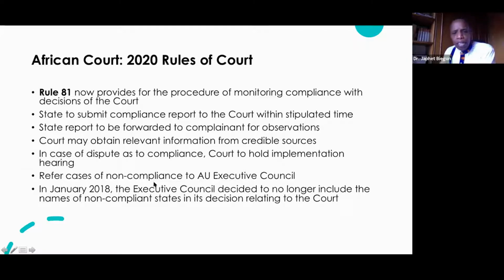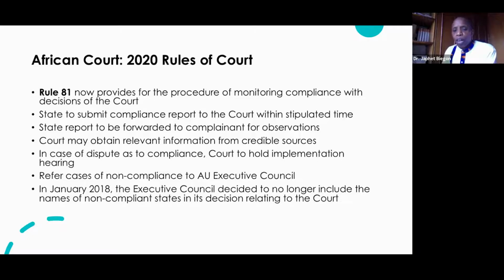There is an issue that came up that the court addressed in one of its activity reports, and this really points to the deficiencies and shortcomings of a political model of monitoring implementation. In 2018, the Executive Council decided that it will no longer mention countries that have not complied with the judgments of the court in its decisions that concern the court.